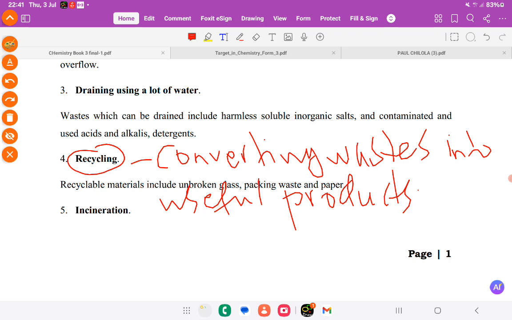An example of such waste is broken glass. For example, you can convert broken glass using heat. You can use what is called glass blowing to reshape glass into something else. Let's say you broke a measuring cylinder. So the sharp end, let's suppose this is a measuring cylinder that has been broken.